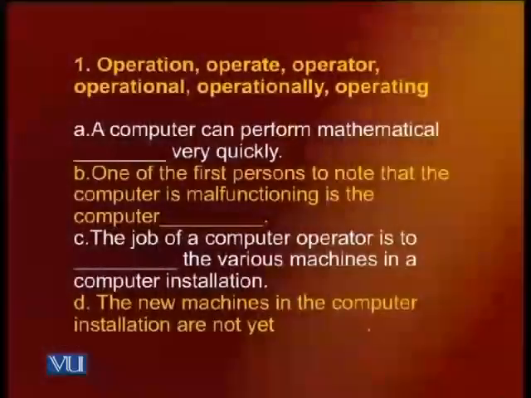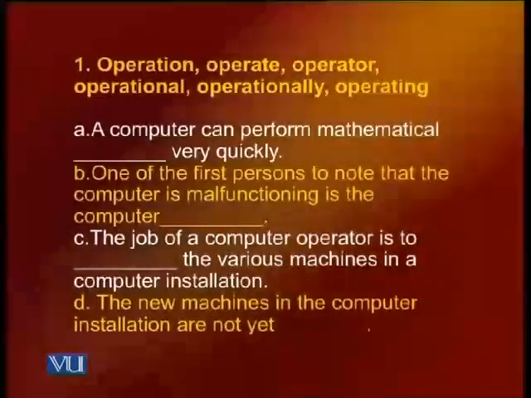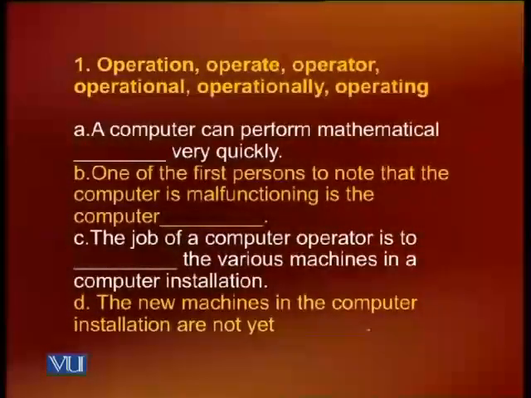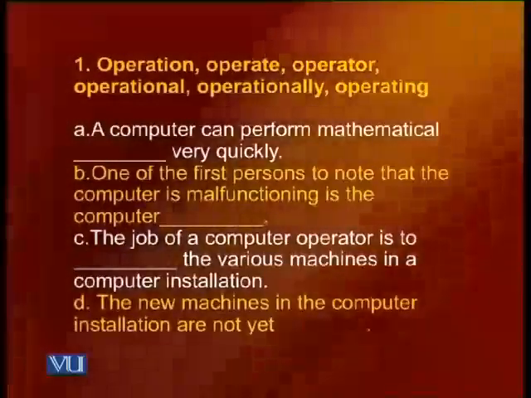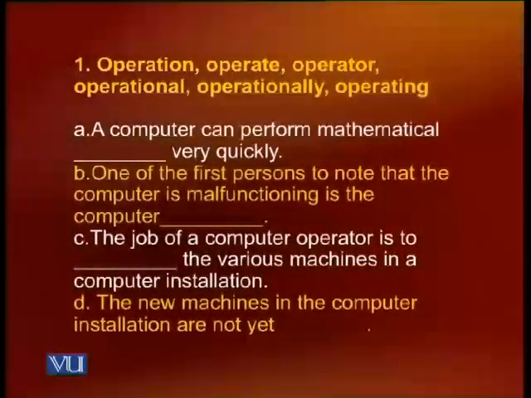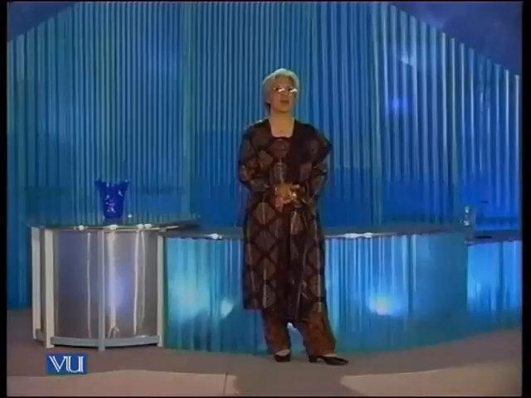B, the next sentence. One of the first persons to note that the computer is malfunctioning is the computer operator. It is again the word operate, but with the suffix OR added to it.